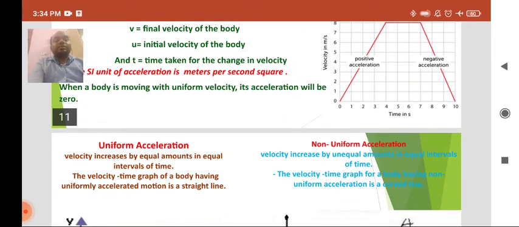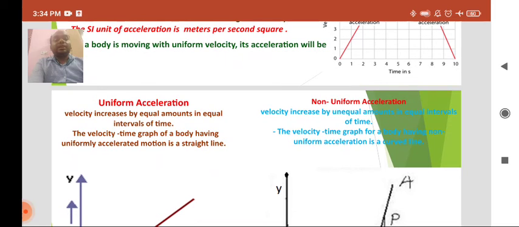We talk about the difference between uniform acceleration and non-uniform acceleration. Uniform acceleration means the velocity increases by equal amounts in equal intervals of time.